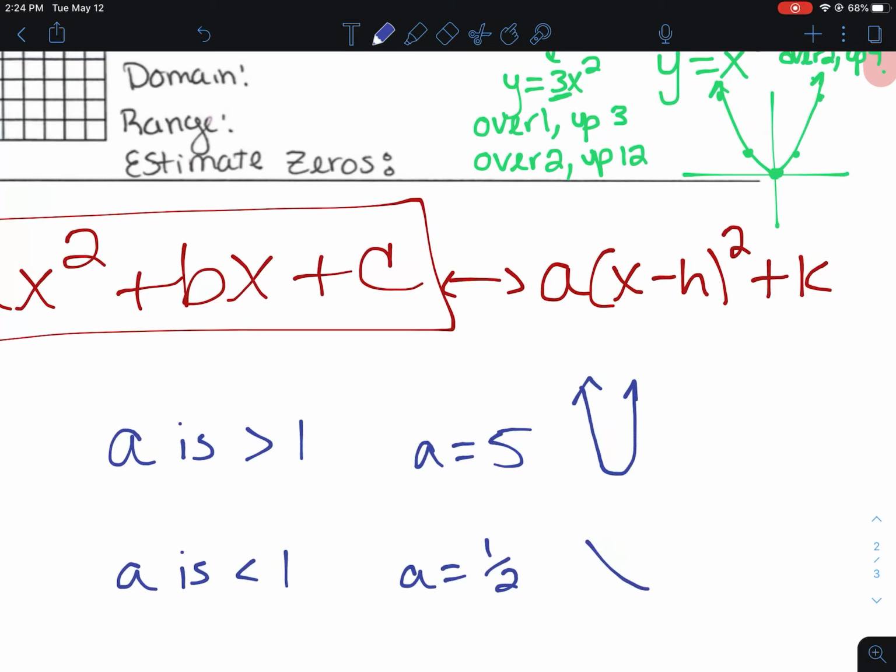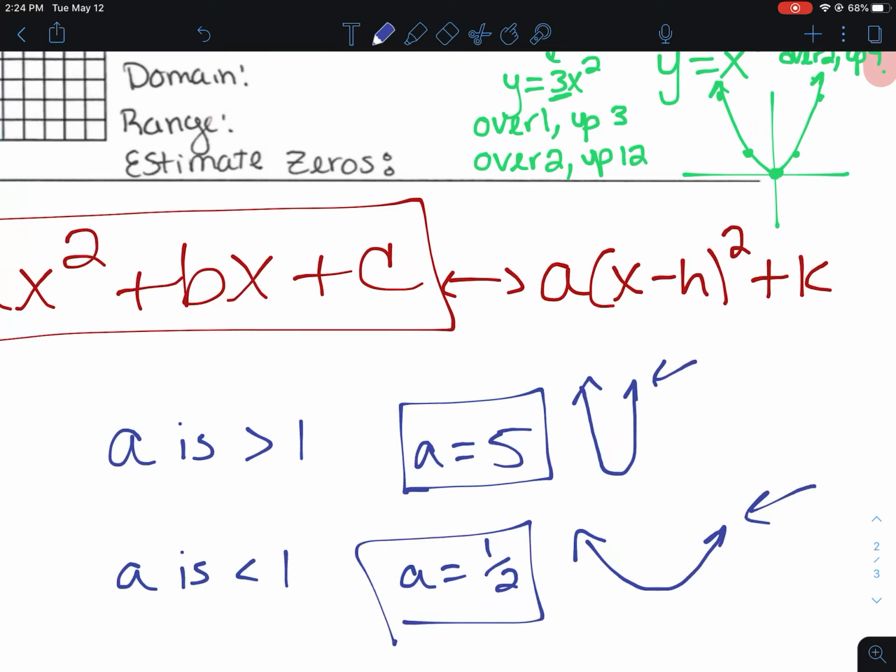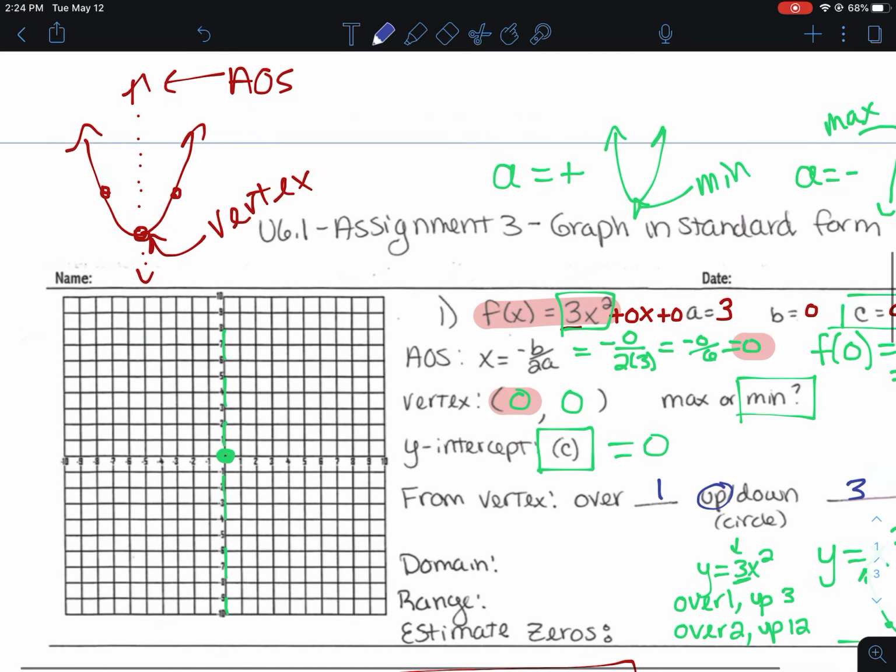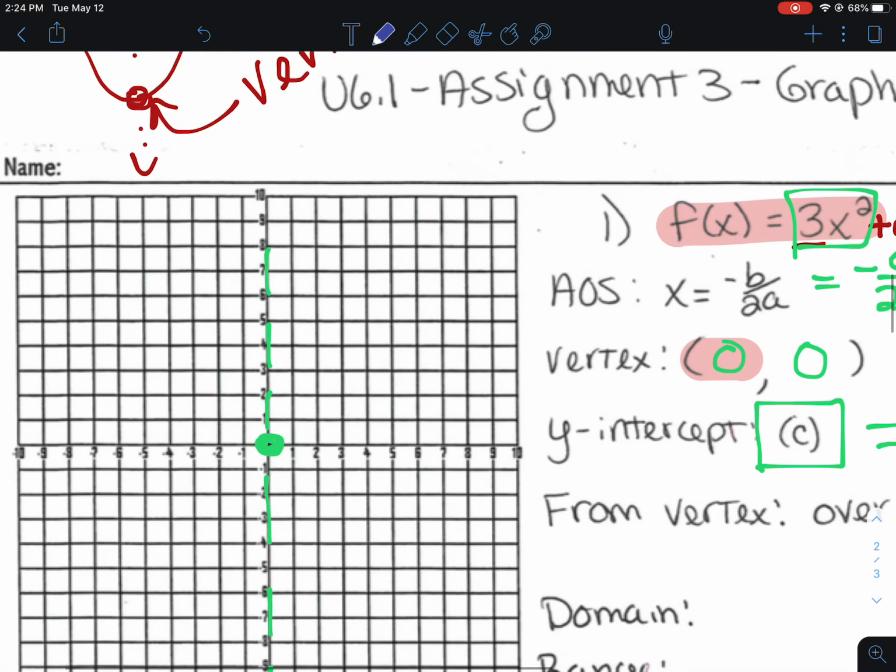Hopefully you remember that from earlier in the year. If a is less than 1, like 1/2, then you're going to get a wider graph. It's going to go up slower. It's being vertically compressed. So if you have a hard time with how many spaces to go over and up, just know the bigger the number, the more narrow you should draw your parabola. The smaller the number, the wider you should draw your parabola. And just give it a sketch, okay?